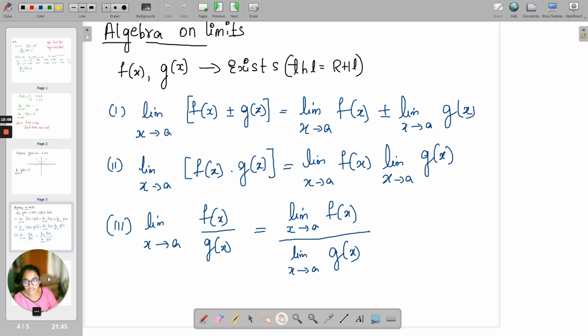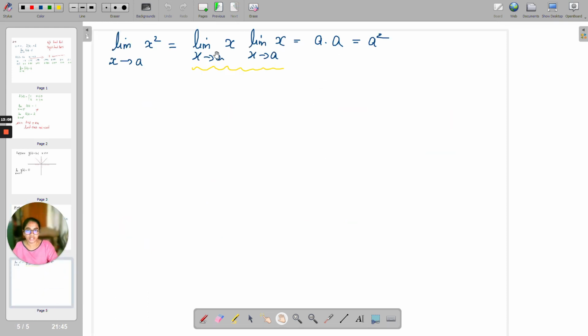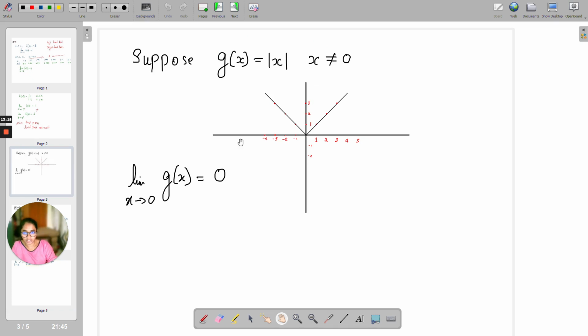And if you ask me, how did you get limit x tending to a, x? How can you substitute it as a? You see, here as x tending to 0, g of x, what was g of x? Mod x, right? In the place of x, if you substitute 0, you would get 0, right? Not only directly substituting it, we proved it using this graph, right?